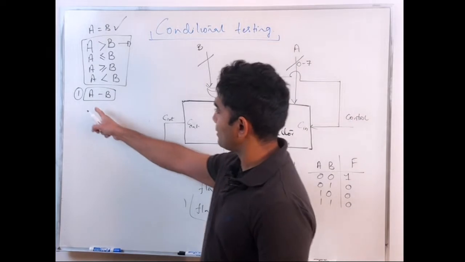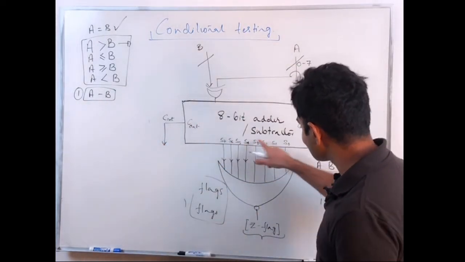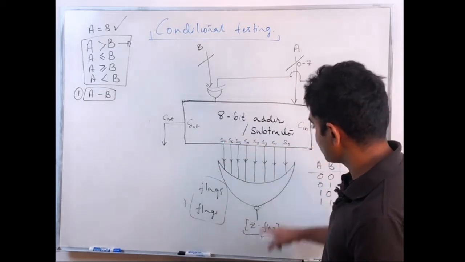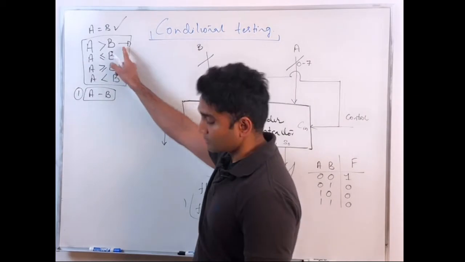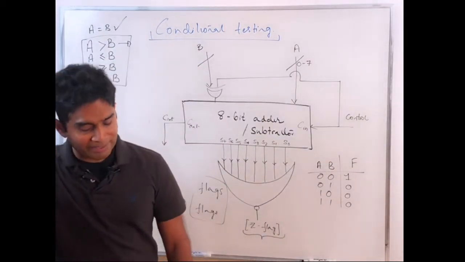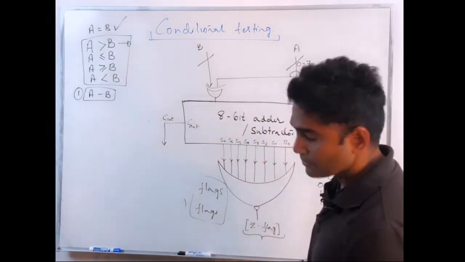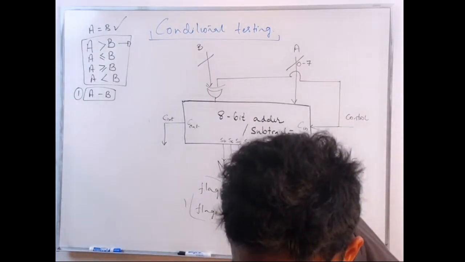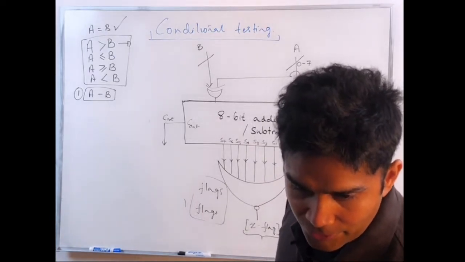Just like how we have done for the A minus B operation, I'm looking at the answer. If the answer is all zeros, my Z flag will be set. And likewise, I would like to come up with these conditions. So, any intuitive ideas on how we do this? Based on the result, any ideas on how to come up with flags that can test those conditions?